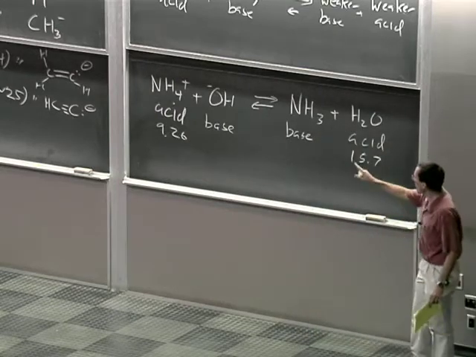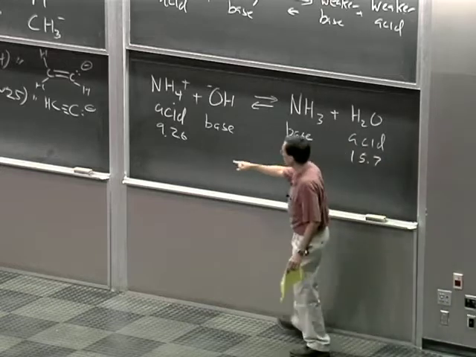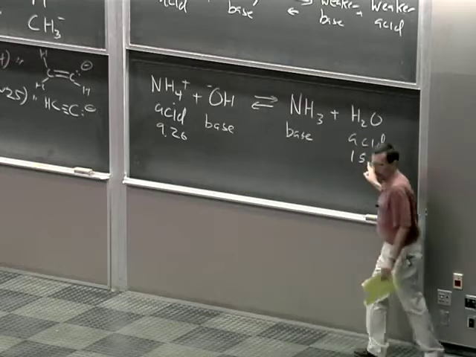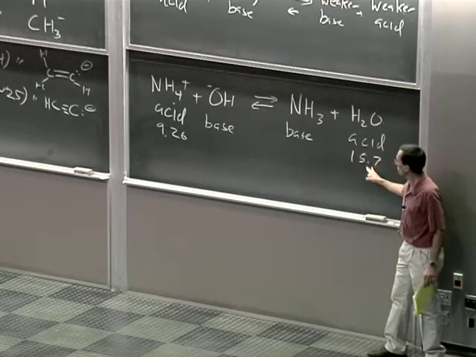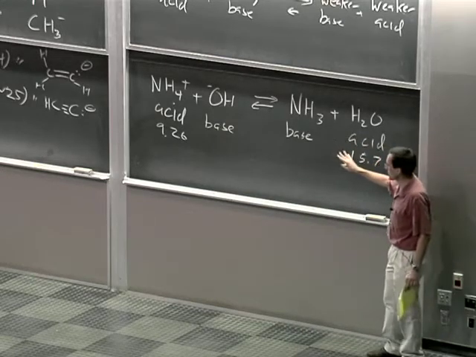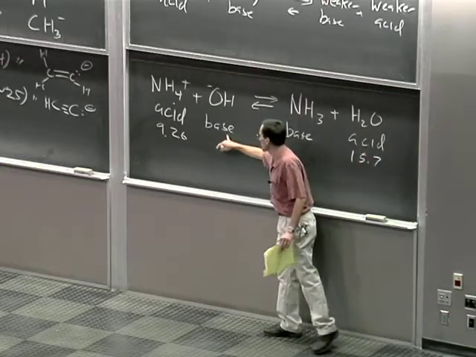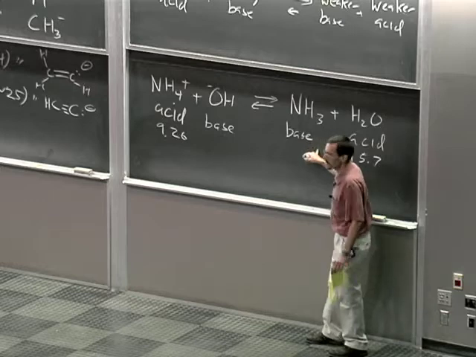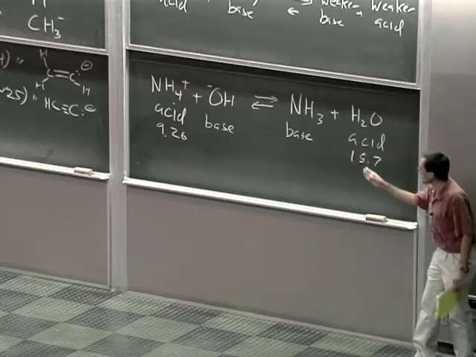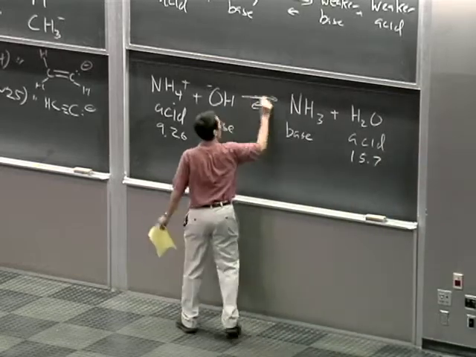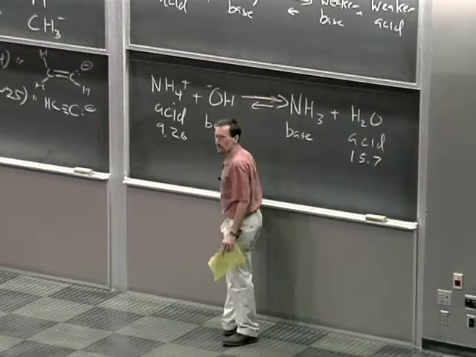In other words, ammonium is a stronger acid than is water. You don't even have to worry about base strength. Conversely, a priori, that means hydroxide is a stronger base than is ammonia. So ammonium is a stronger acid than water. This equilibrium lies to the right.